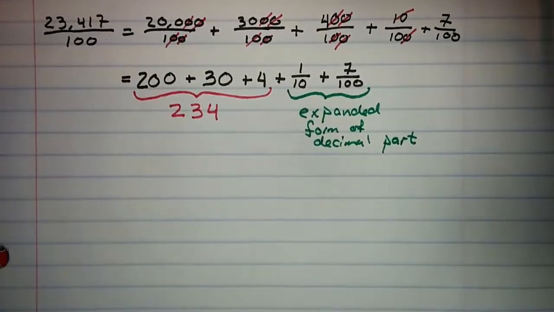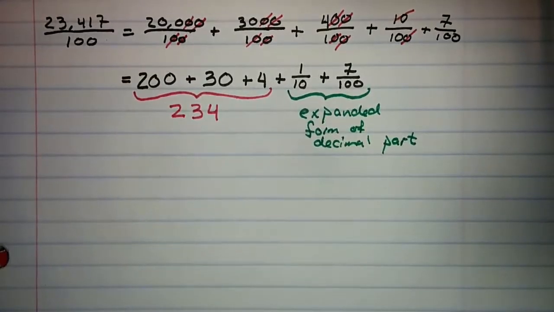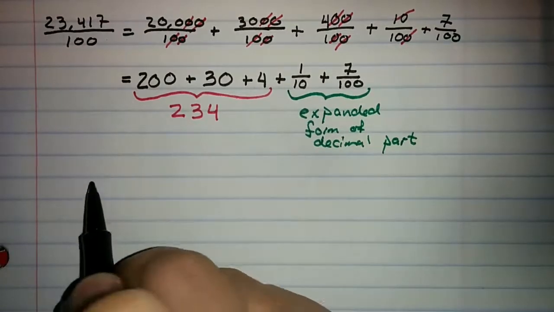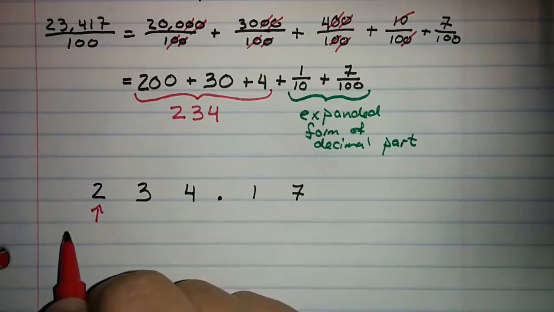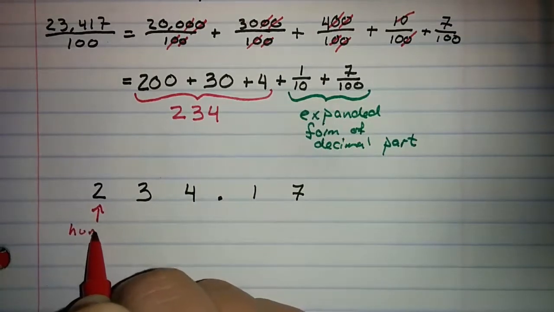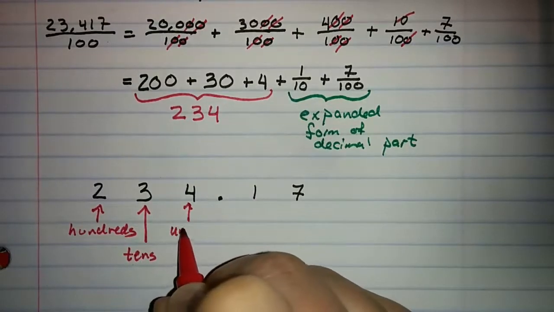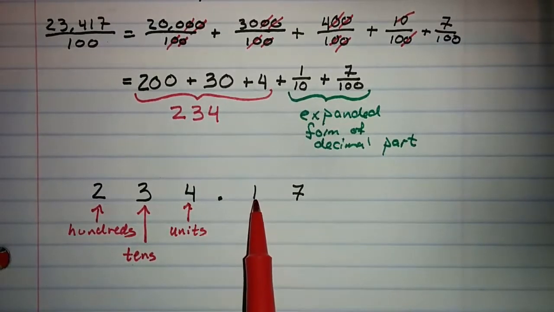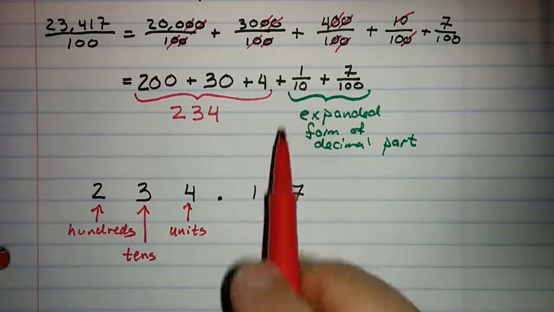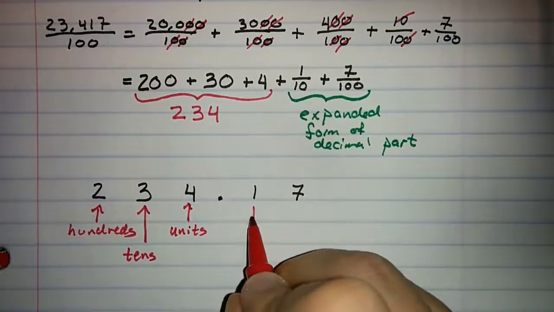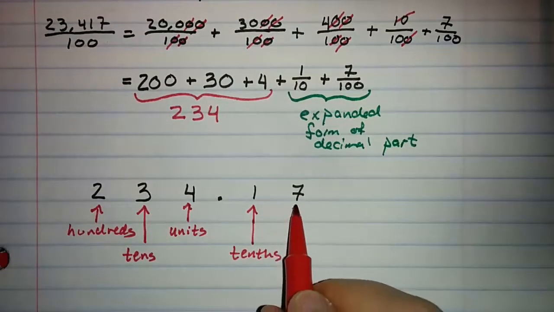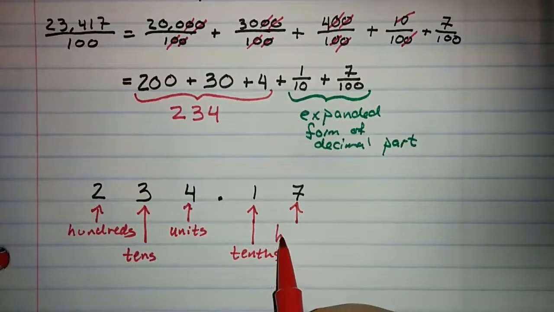And that in turn lets us describe the place value of those places to the right of the decimal point. Just as we see that this place represents a number of hundreds, this a number of tens, and this a number of single units, we see that this digit represents a number of tenths, and this digit represents a number of hundredths.